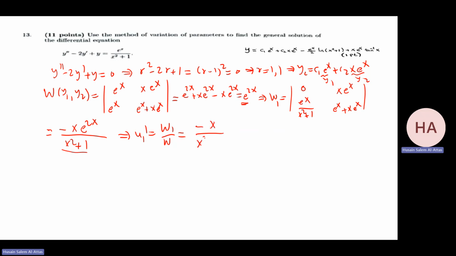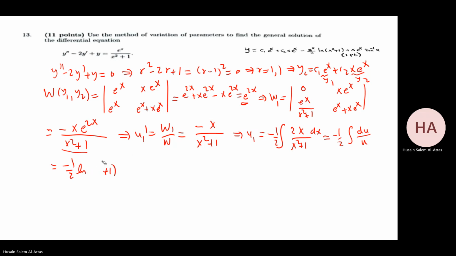So I have minus x over x squared plus 1. So u1 will be the integral of minus x over x squared plus 1 dx. I'll take u equals x squared plus 1. So I have minus half du over u. So it will be minus half ln of absolute value of u, which is minus half ln of x squared plus 1, which is always positive.